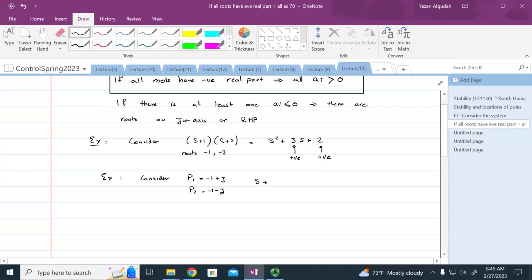So this is going to be (s plus 1 minus j) multiplied by (s plus 1 plus j), which is going to equal s squared plus 2s plus 2. Where are these poles? In the left half plane, yes. And if I look at the coefficients here, what are they? Positive and positive.